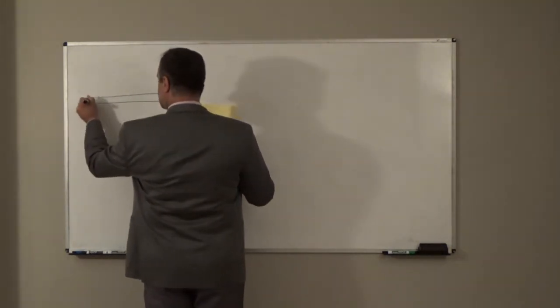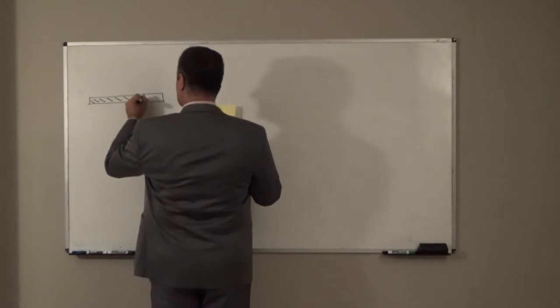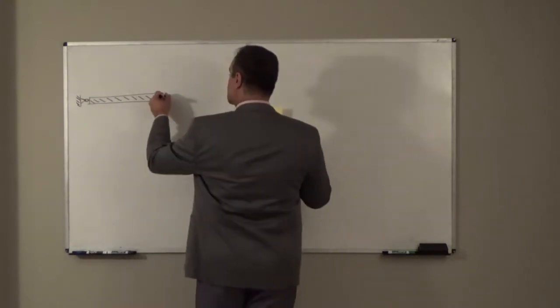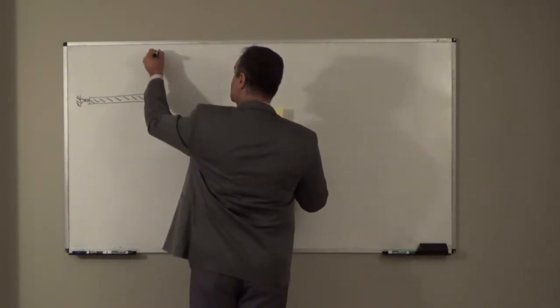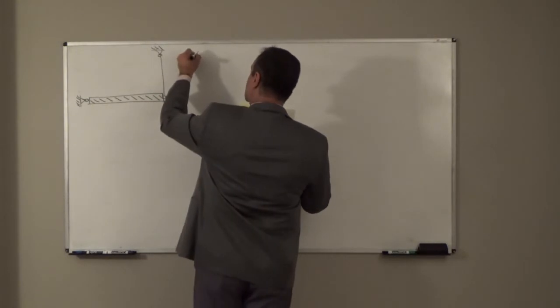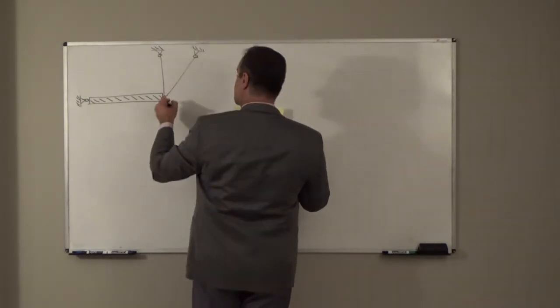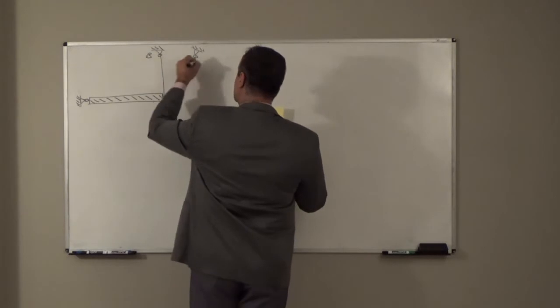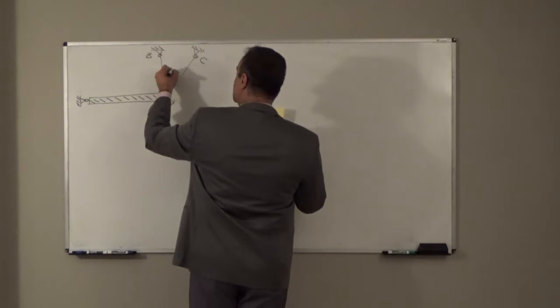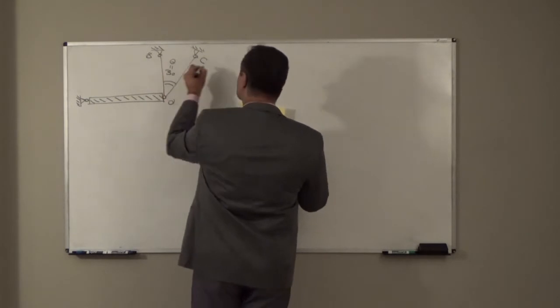We had one rigid beam. Here we have a hinge, one rod here, another rod here, points O, B, C. This angle theta is 30 degrees.